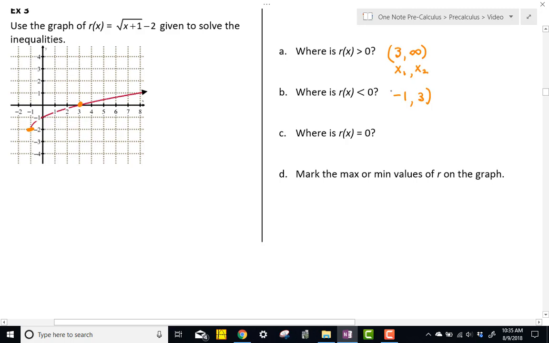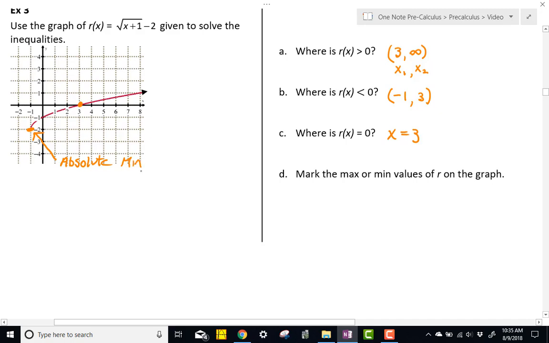All right, so we've got -1 to 3 where it's less than 0. Obviously, then we're equal to 0 at x equals 3. Mark the minimum or maximum values of r on the graph. So this point right here, we would call this an absolute minimum.